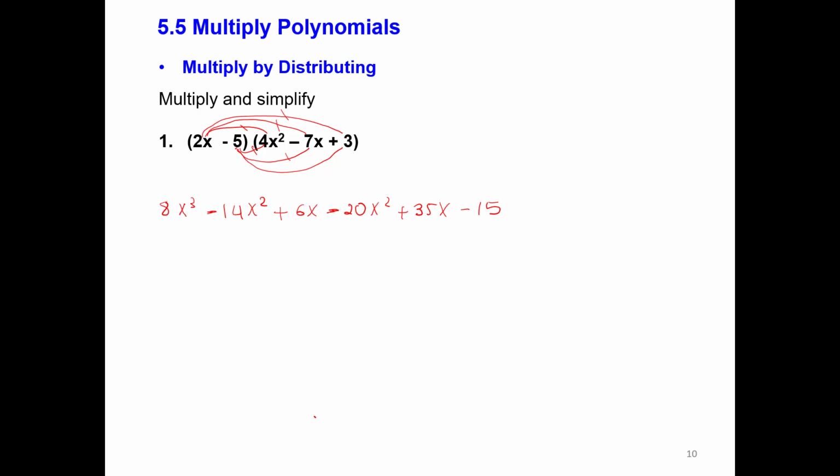The next thing we want to do is combine like terms. Then we have x to the third, x to the second. Negative 14 plus negative 20 will be negative 34x to the second.